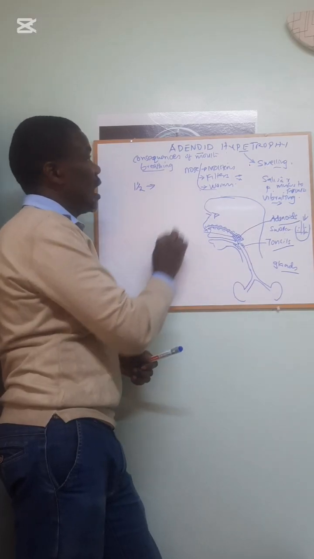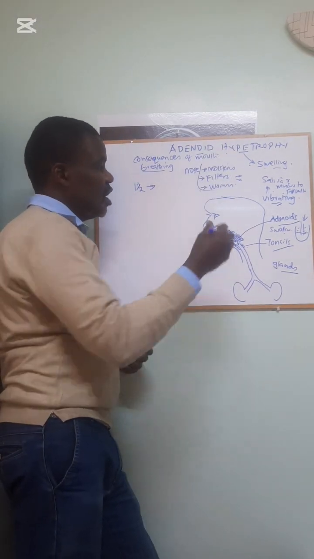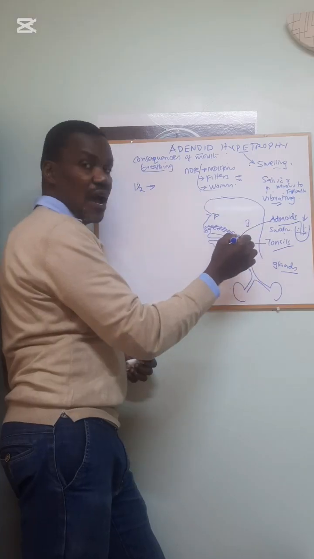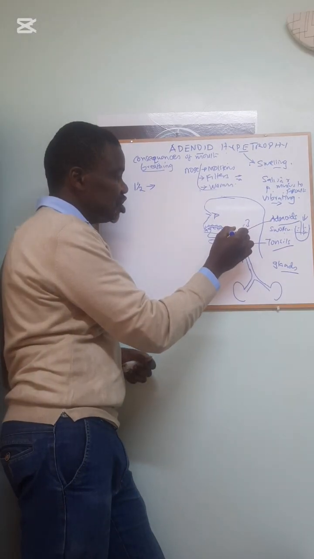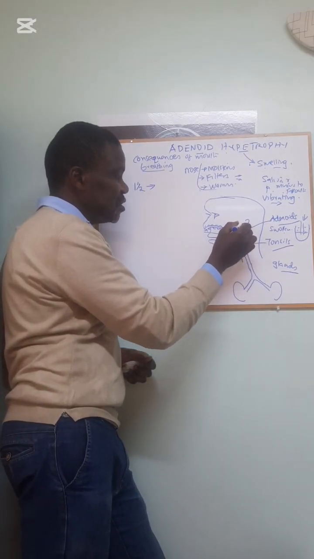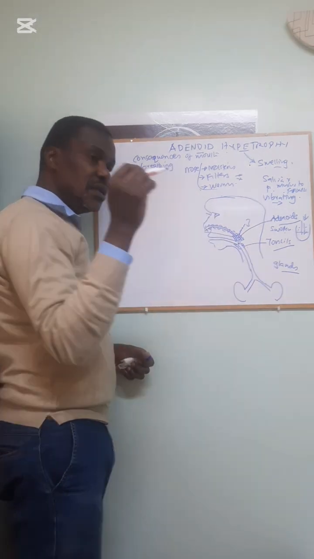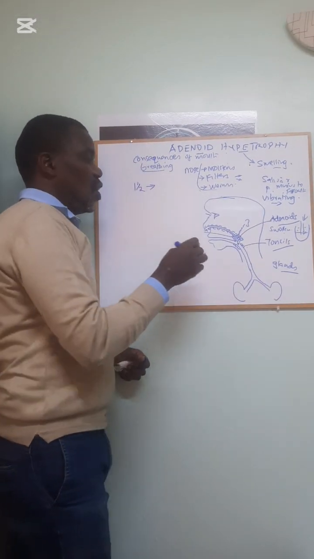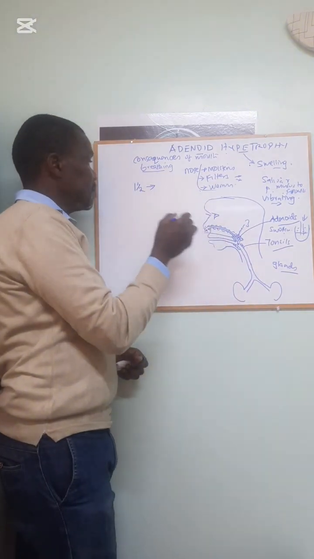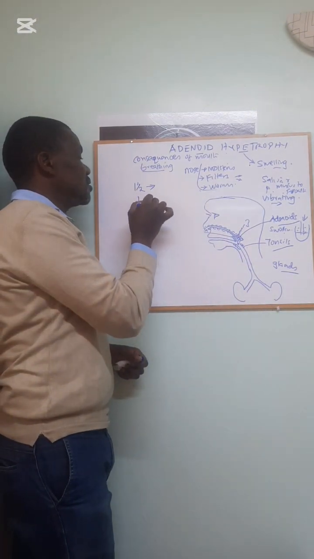Another presentation that will happen with adenoid hypertrophy: the ears have a channel through which they drain through the throat area. So one function of that throat area is to drain the ears.